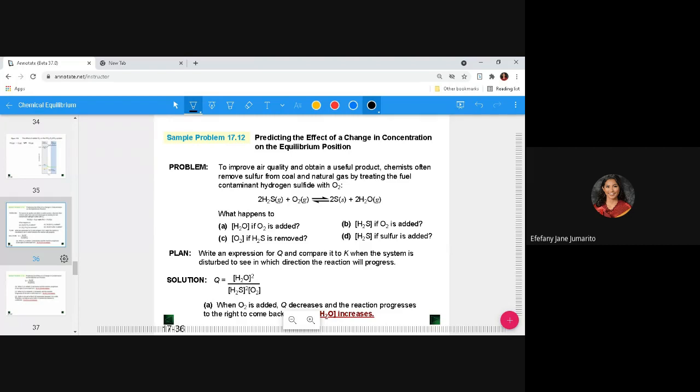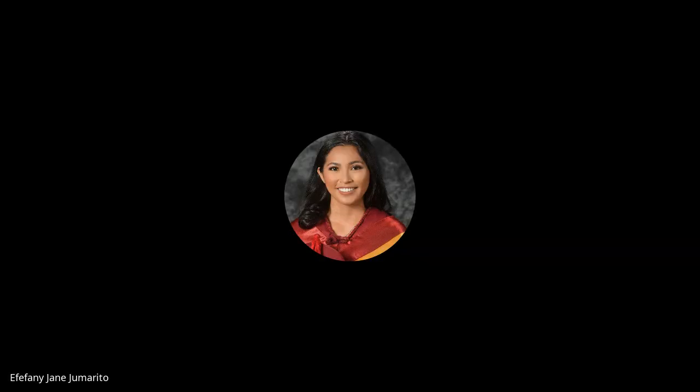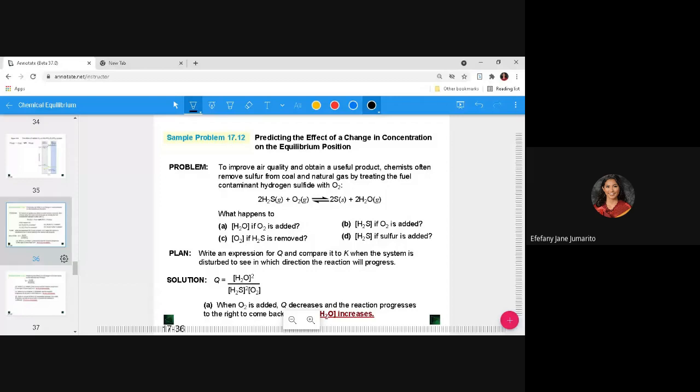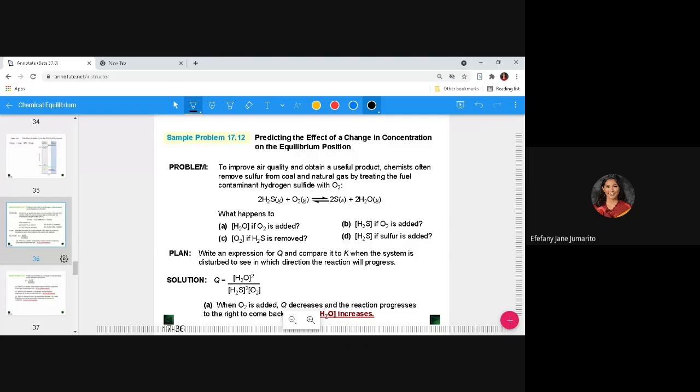So just like that, our reactions always want to be at equilibrium. However, there are lots of stresses that will come. When there are lots of sales on Shopee, we buy and spend our money, and we become imbalanced. Then we try again to balance, to find money to buy food for today and the next day.